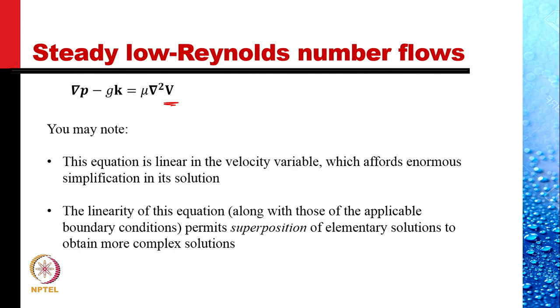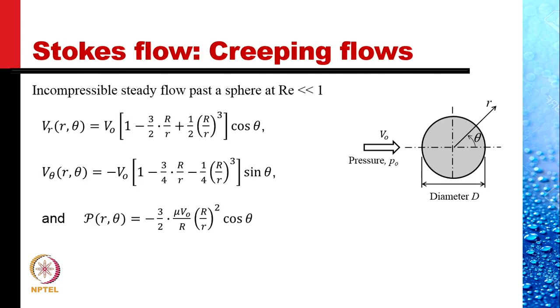The linearity of this equation, along with those of the applicable boundary conditions, permits us the superposition of elementary solutions to obtain more complex solutions. The Stokes law is the low Reynolds number flow, Reynolds number much less than 1, past a sphere.